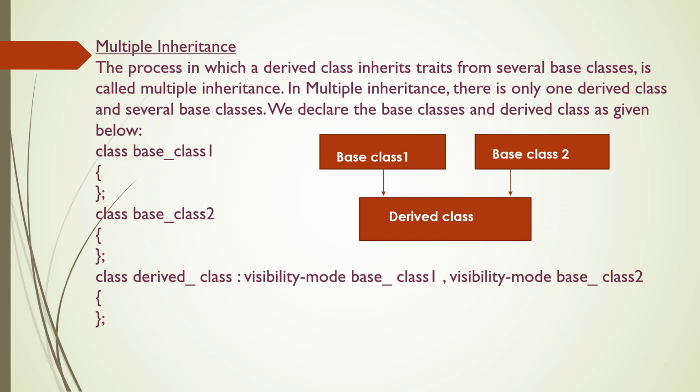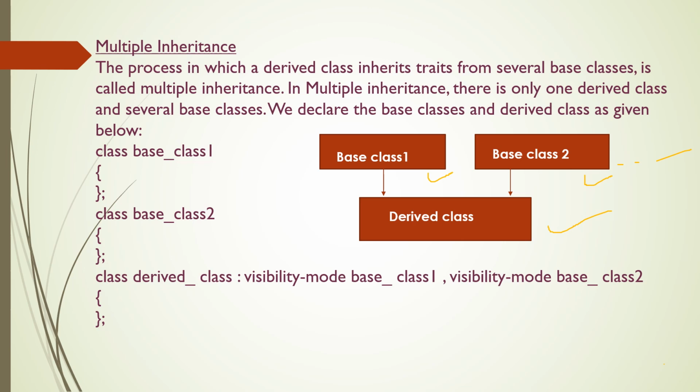Multiple inheritance. In multiple inheritance we will see a different structure. Here the derived class can access or inherit the properties of several base classes, which means it can take the properties from one class and also another class, and so on, according to the requirement.